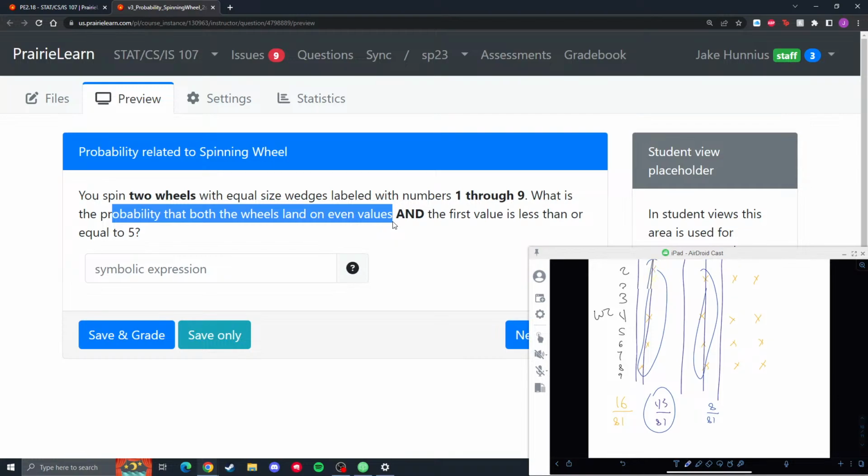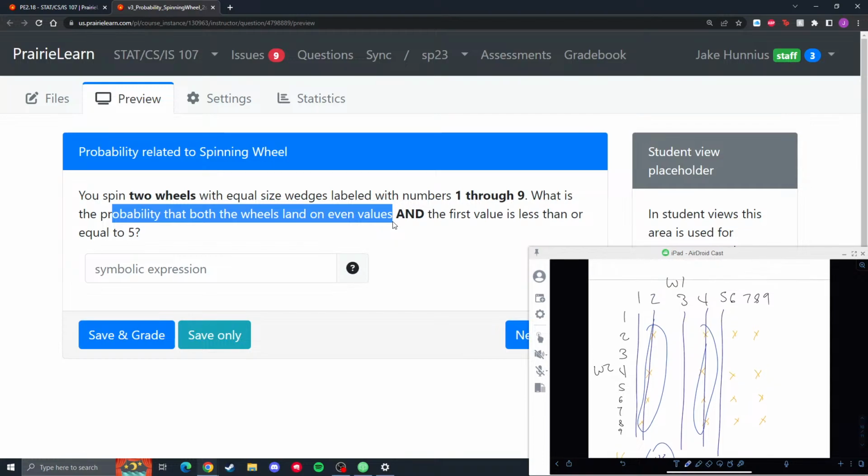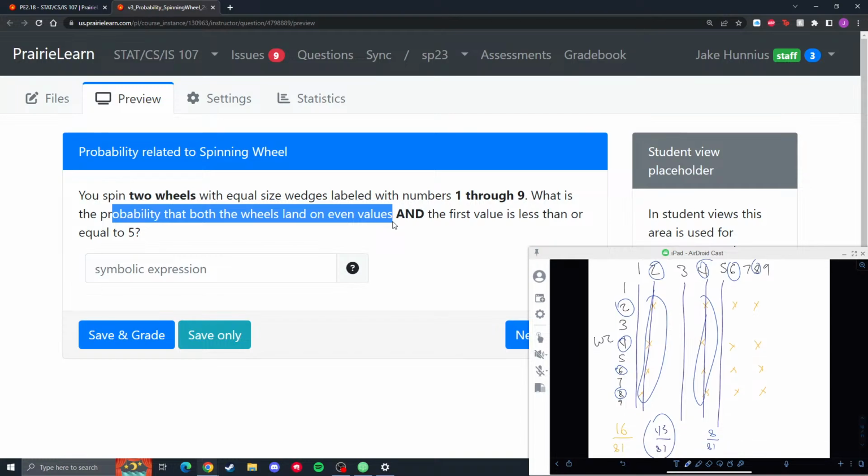Where they're both even, there's 4 for 2, because each of them has 4 different even numbers. So that's where we can get that 16 from, just by multiplying those two together. That's why I always try and draw these out, because you can use the formula, but the formula, if you don't know what you're doing, will usually give you a mistake.